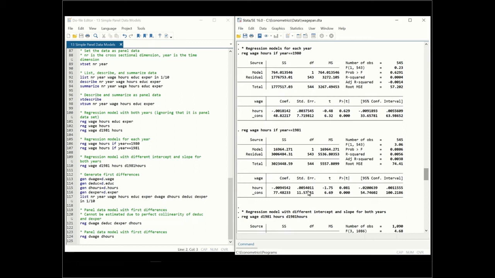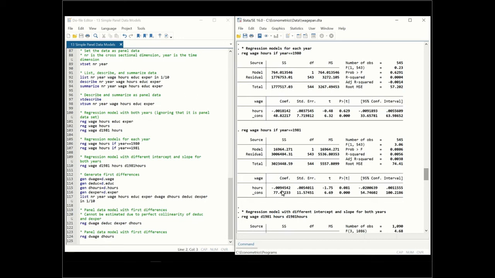Here it's a significant coefficient, but the way we would interpret it, because this is wage regressed on hours in the second year, we would say that if the total number of hours worked increases by 1 hour across all of the workers, wage decreases by less than 1 cent.